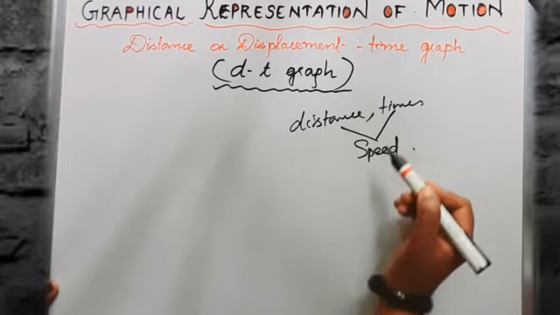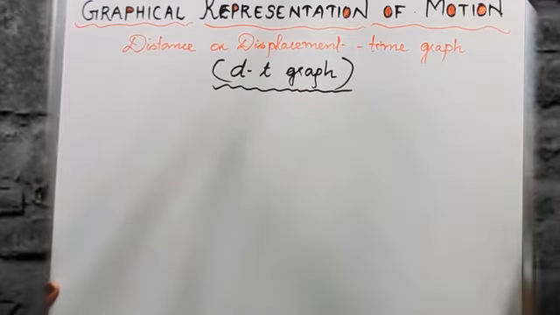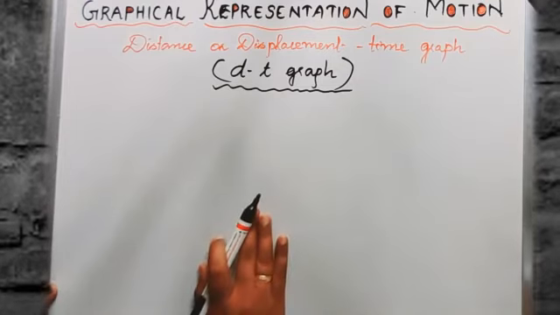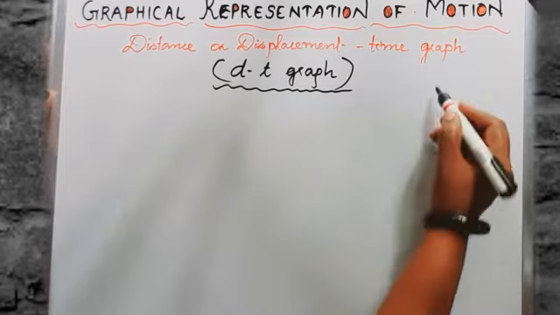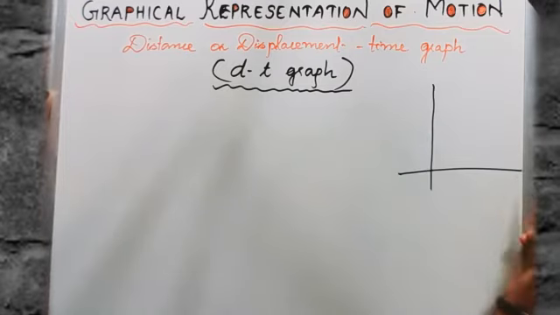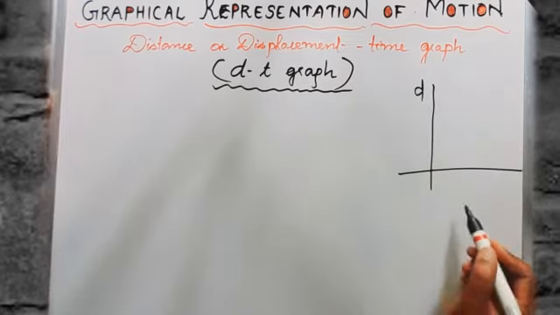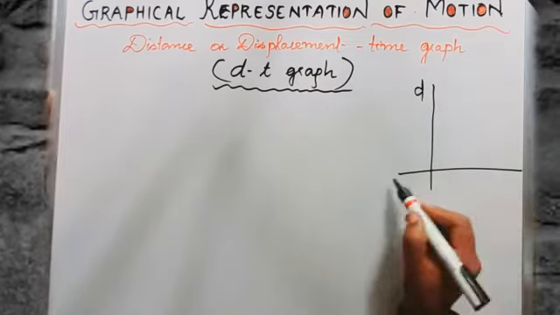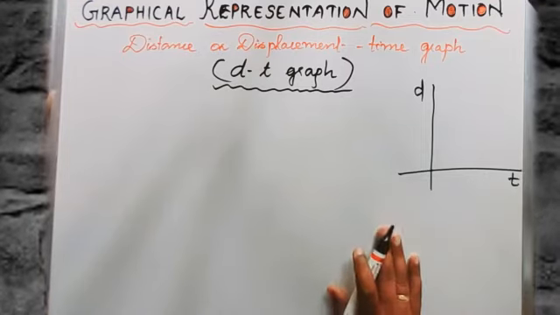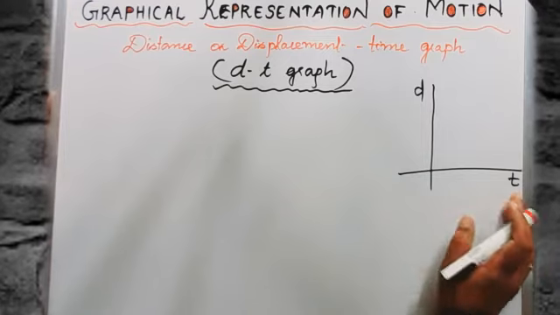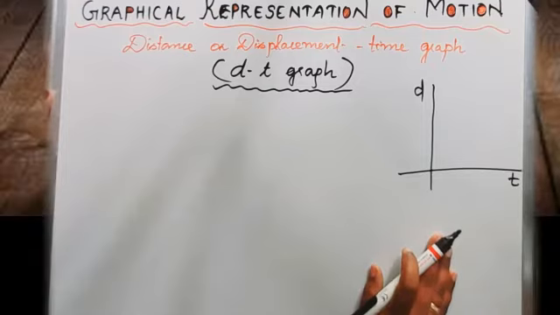Then, d is represented on the y-axis. A graph consists of a y-axis and an x-axis. Here d is represented on the y-axis and time is represented on the x-axis. It's very important.